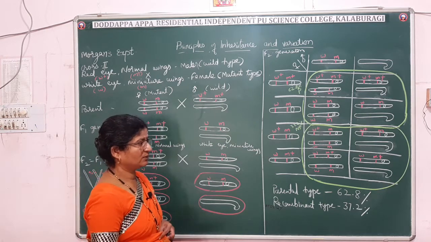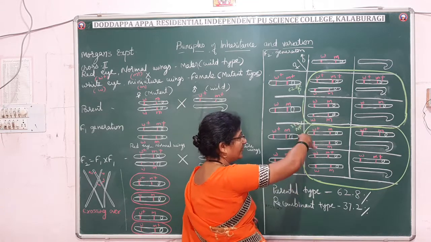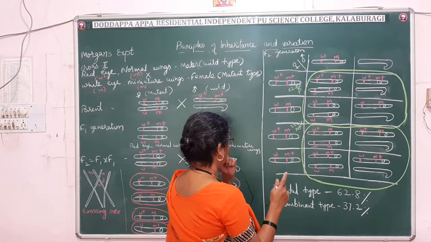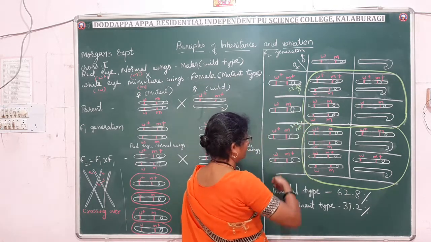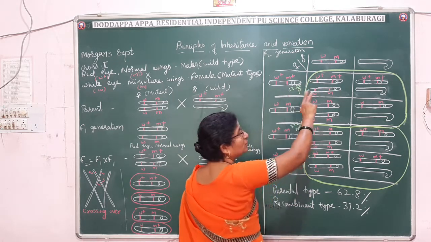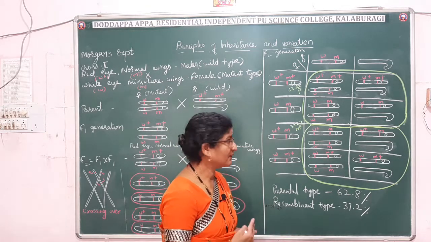So this we wrote by using the Punnett square. How many gametes are there? Those many rows and columns as usual I drew. So here on the top we wrote the male gametes, and on the side we wrote the female gametes. So you know, crossing over, how to cross, how to combine the gametes and get the progenies, already you have learnt.